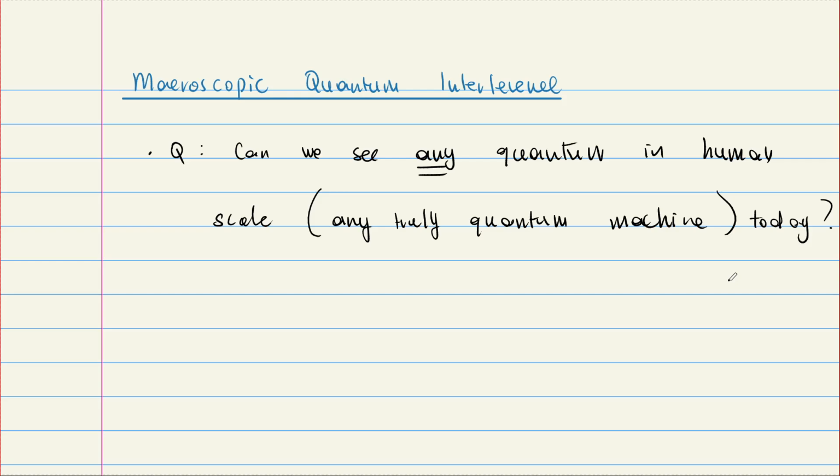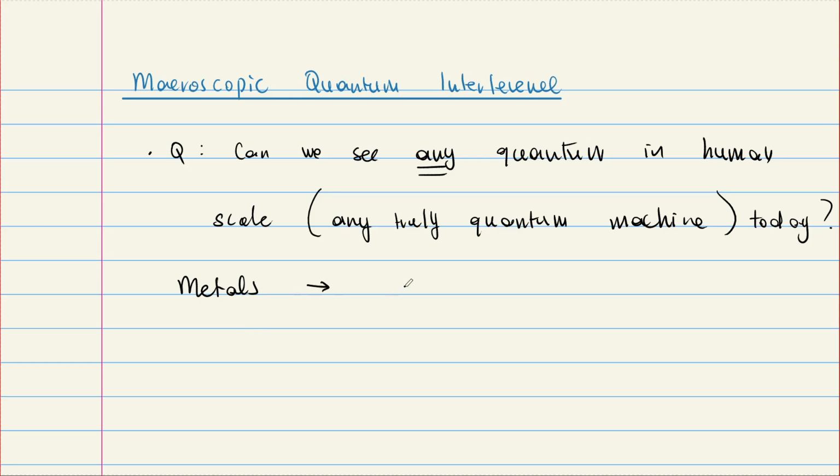Okay, let me try to explain. First, everything is quantum, right? Because atoms, electrons, they are quantum, but we don't see that. There's quantum in the macroscopic scale, but in the classical world, for example, think about metals. Metals are quantum, right? Electrons, Pauli exclusion, all these things.